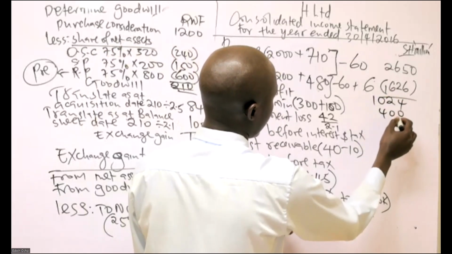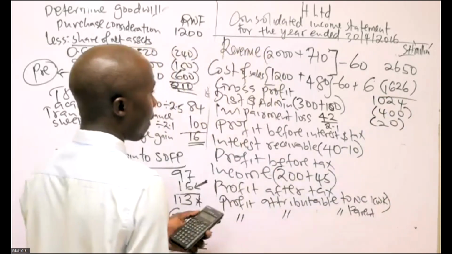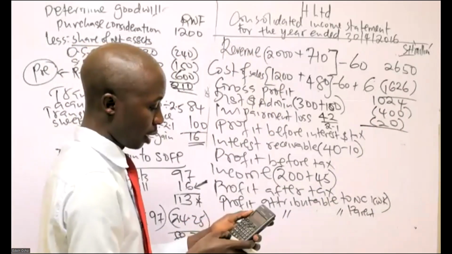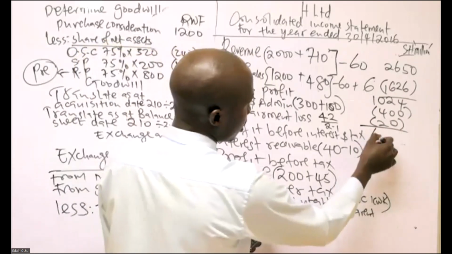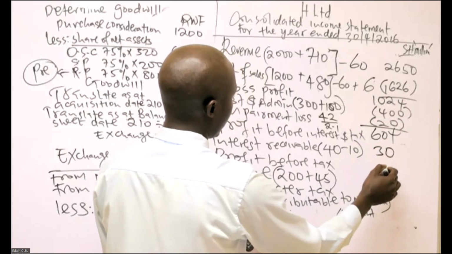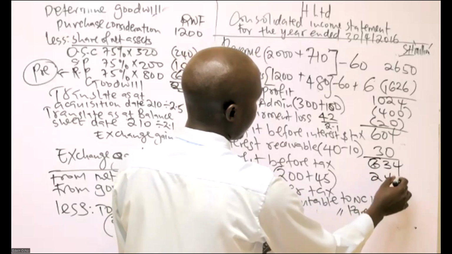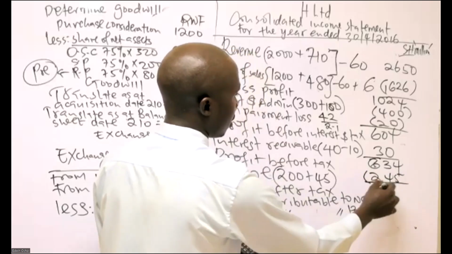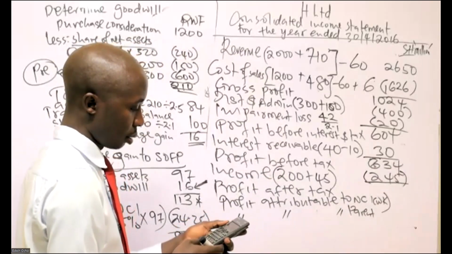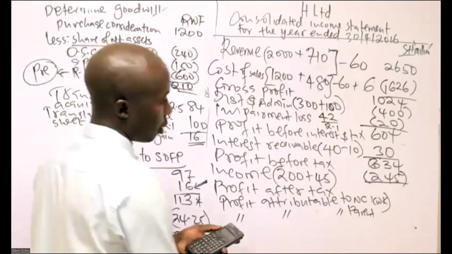This is 400. This is 20. Minus 420. 604. This is 30. This is 634. 245. So 634 minus 245. 389.